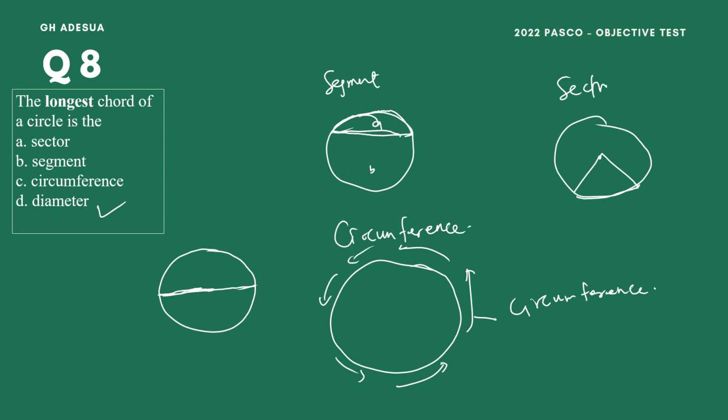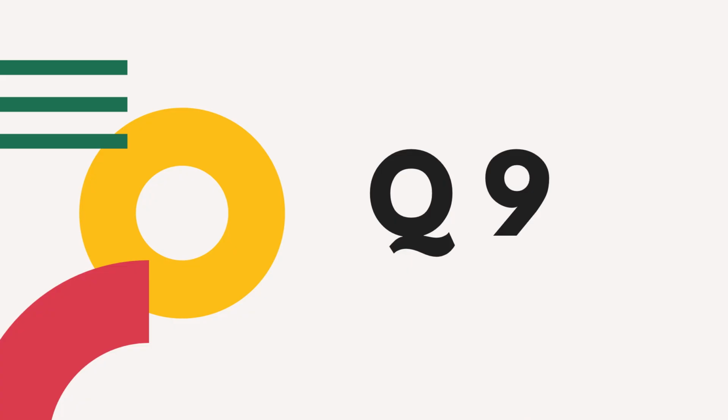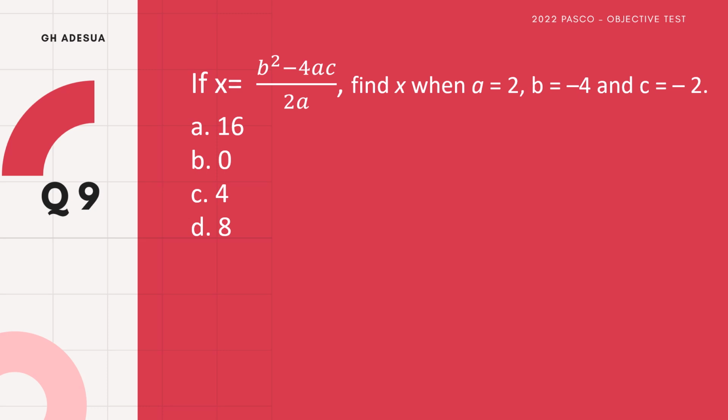Now we'll move on to our 9th question. With our 9th question, we have: if x is equal to b squared minus 4ac over 2a, find x when a is equal to 2, b is equal to negative 4, and c is equal to negative 2.